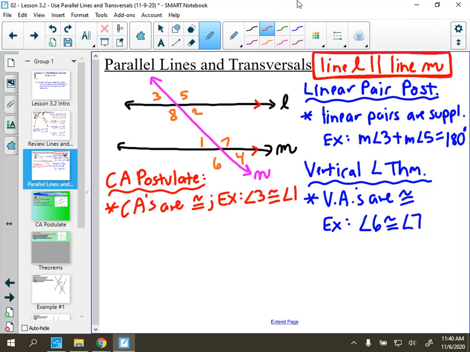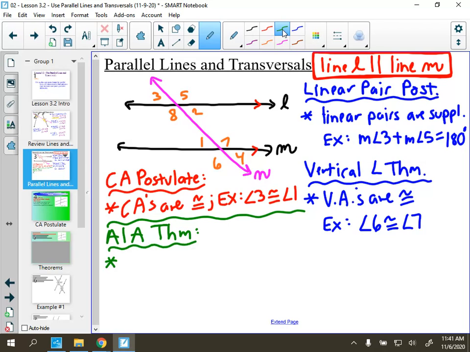All right, let's roll with it here. Next one up. Maybe I should change colors here just because I know it's going to get tight again. CA postulate done. Next one, the alternate interior angle theorem. We'll go in the same order that we learned them in the previous lesson in 3.1. 8 and 7 are examples of alternate interior angles.